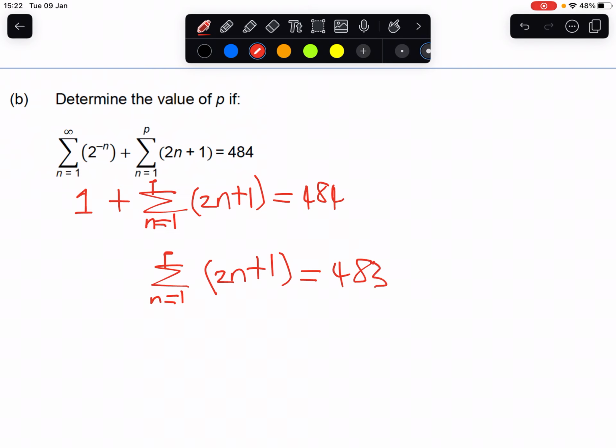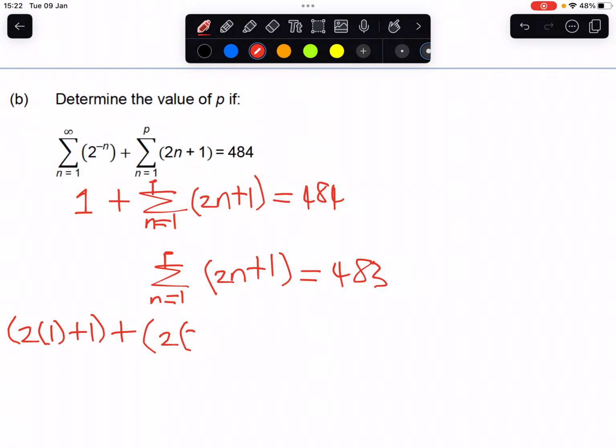Okay, so let's see what kind of sequence this generates. If we expand the sum, then we have 2 times 1 plus 1. I'm just going to keep these together so that we can see what the 2n plus 1 term is.